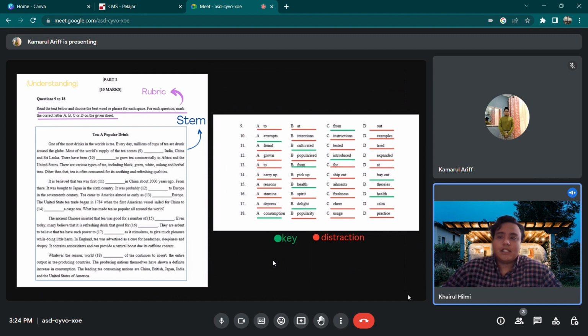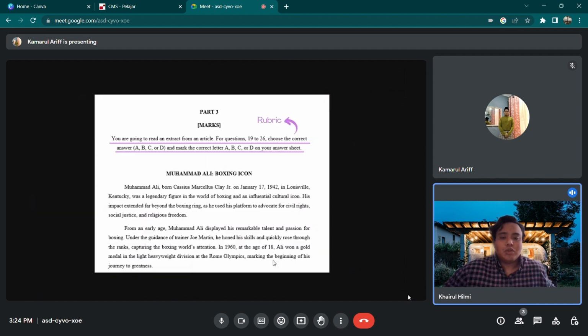As you can see, the instruction at the top in the purple line is the rubric, and the text is the STEM, which requires the student to fill in the blank, and the right is the answer. The red line is a distraction, and the answer is the green line, which is the key. I'm gonna pass part 3 to my friend.